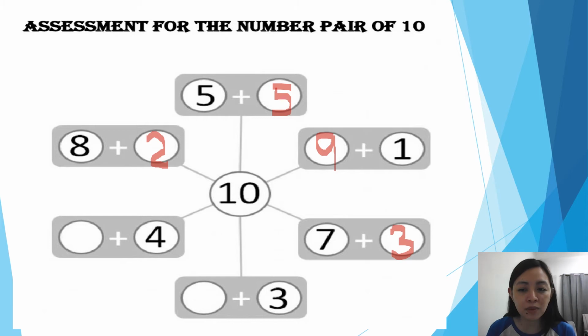What number do we need to make 10? Okay, the correct answer is 6. And the last one, 3. What number should be paired with 3 in order for us to make 10? Very good. We need 7. Okay, now did you understand what you mean by number pair of 10? Okay, now let's continue with the next activity.